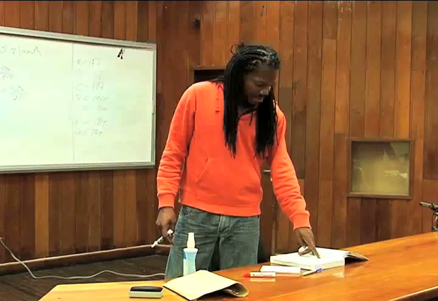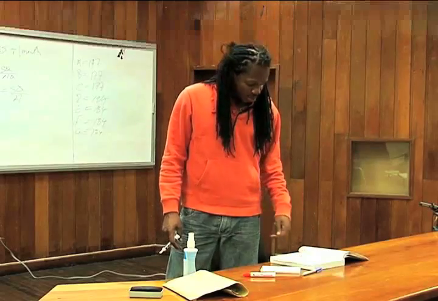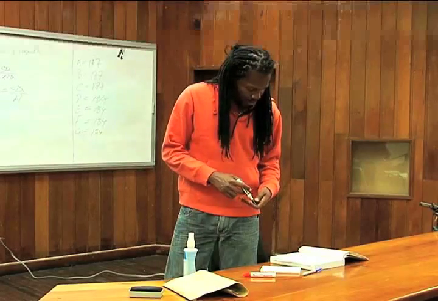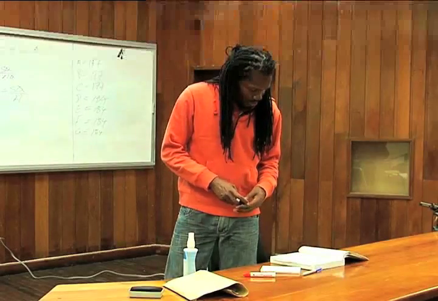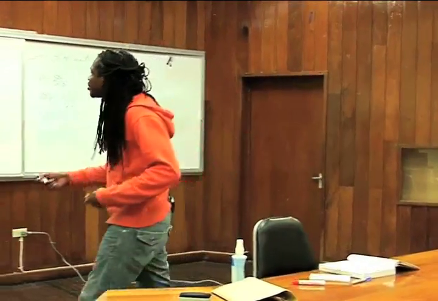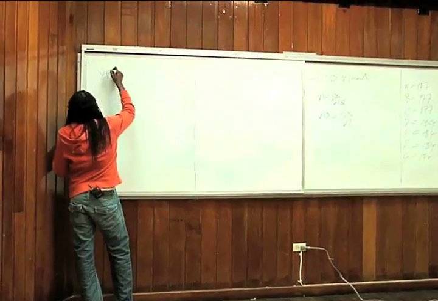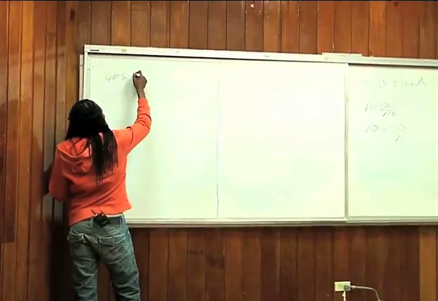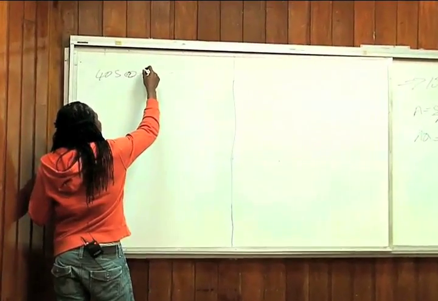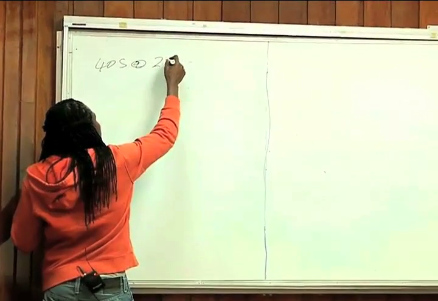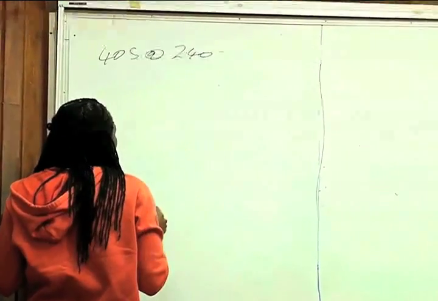Alright, so you have 40 tin of soup. So we have 40 soup at how much? $2.40. What else we have?